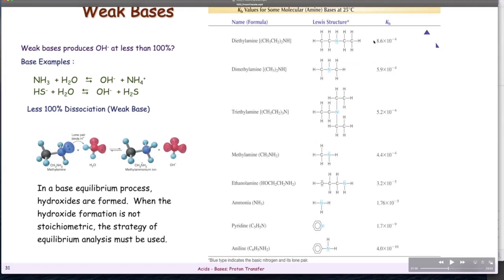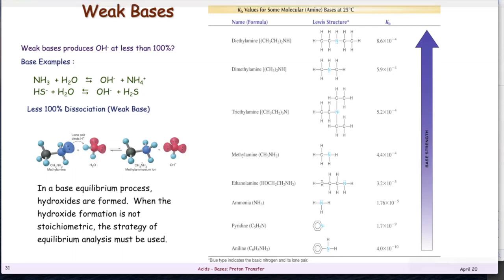Because when it grabs a hydrogen from water, you form hydroxide, as you see right here. All of these are weak bases. And again, from the Kb, you can see which ones are weaker and which ones are stronger.